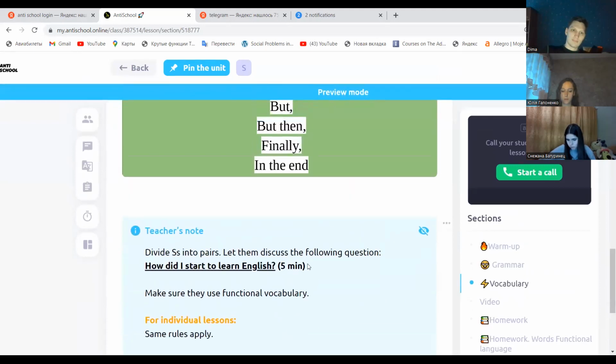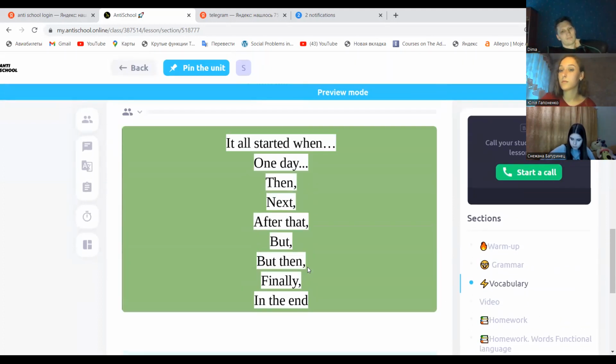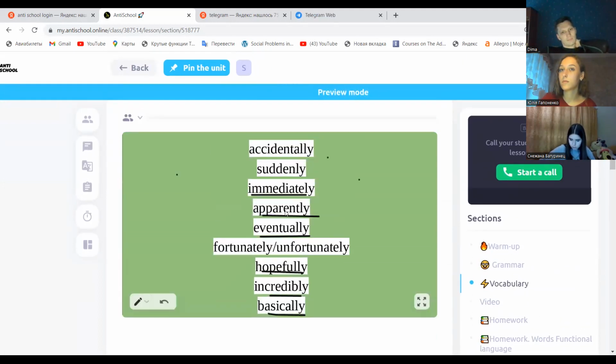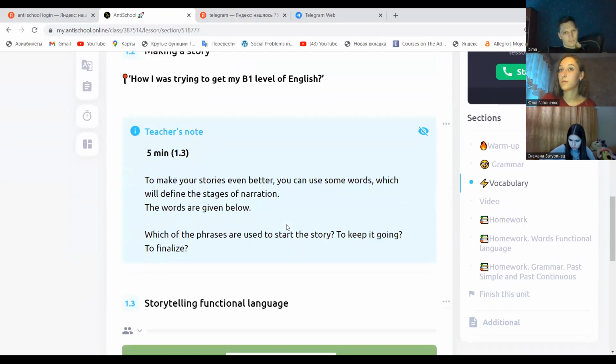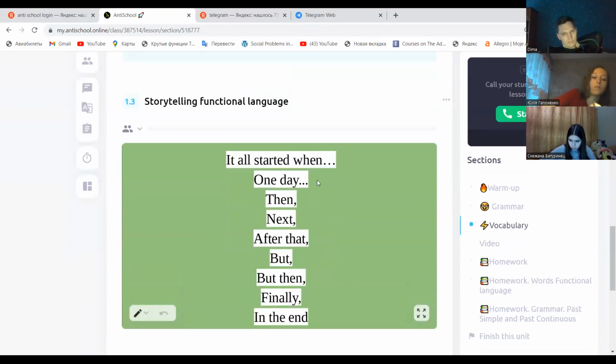Okay, let's make the topic of the story this topic, like how did I start to learn English? And you need to make a story for this topic using these adverbs plus these useful words.